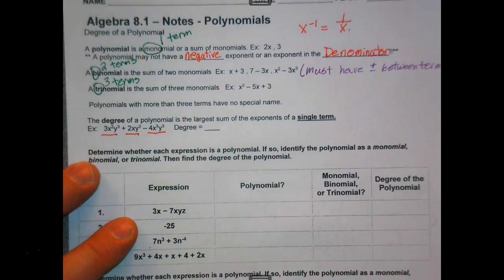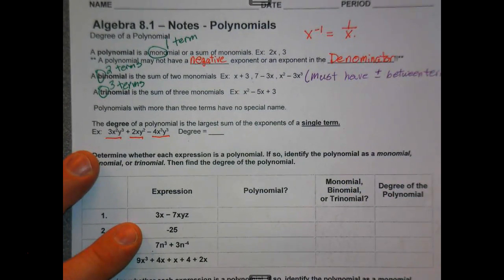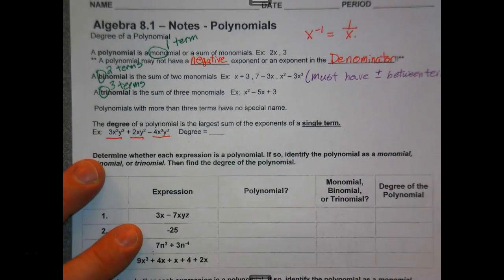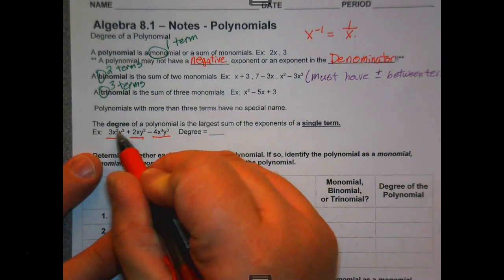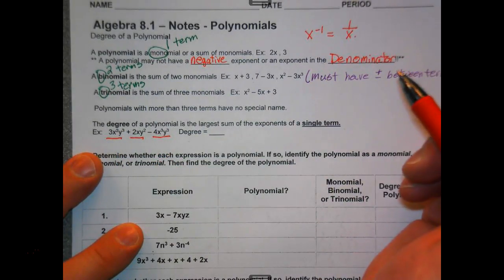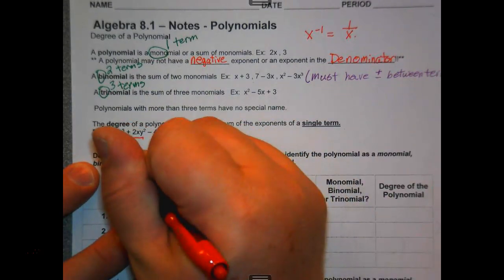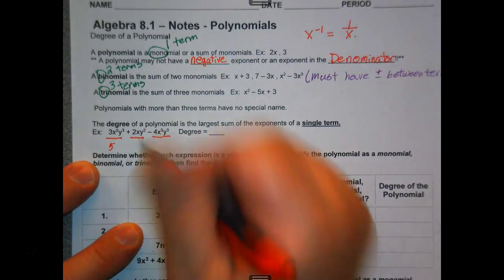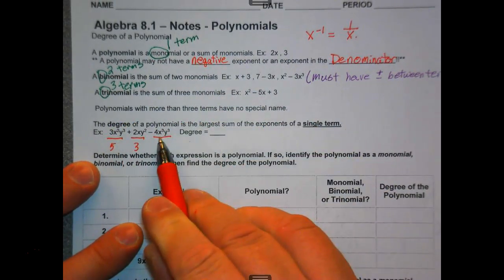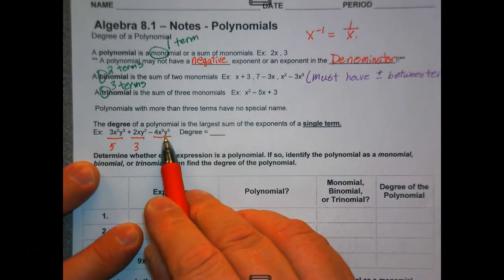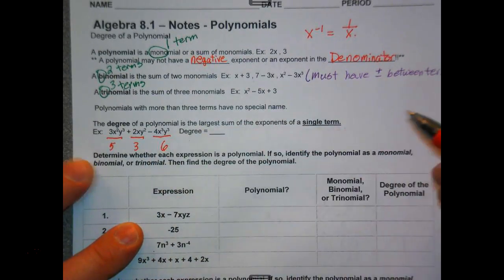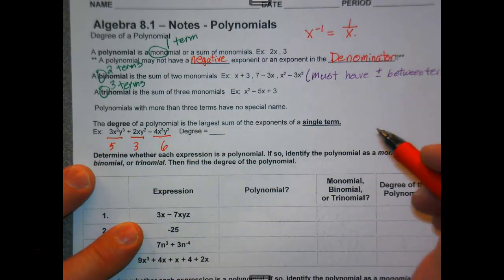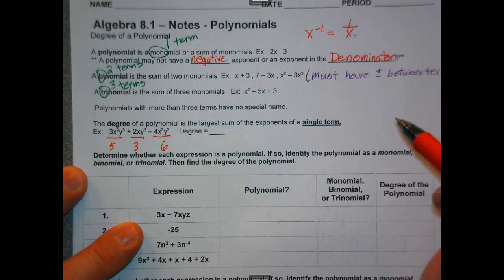Now, add the degrees up. What do I have? In the first one, add the degrees. 5. Add the degrees in the second term. 3. Add the degrees in the third term. 6. So this is degree what? Largest degree. 6.